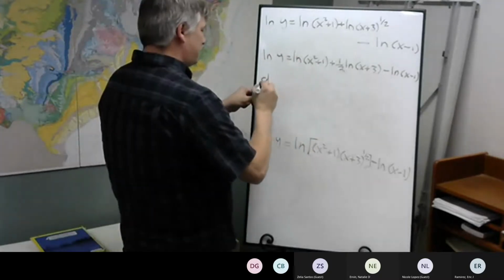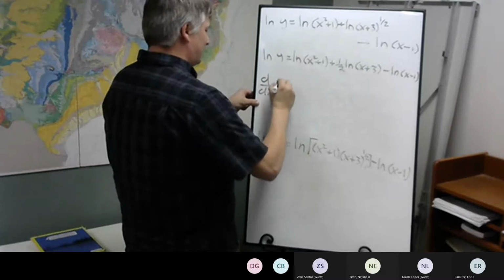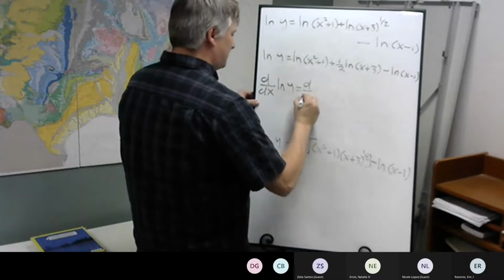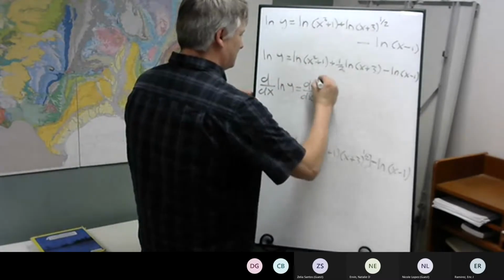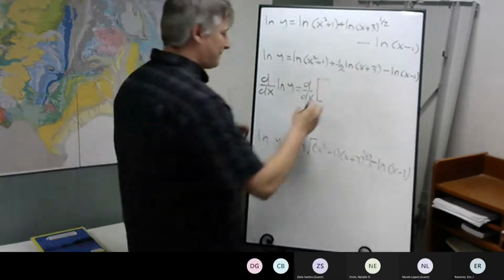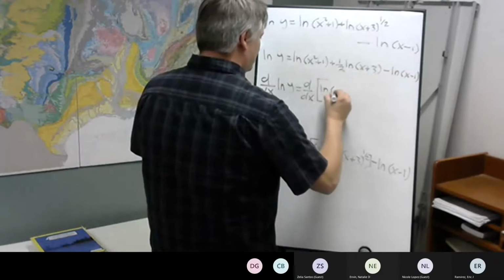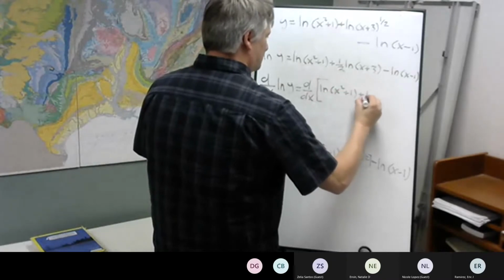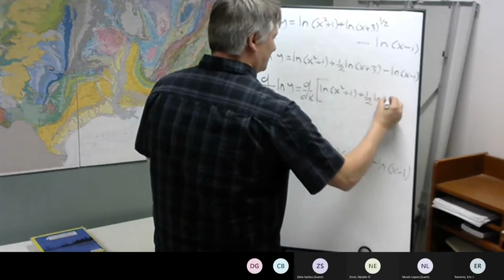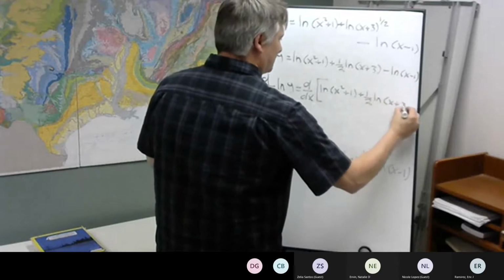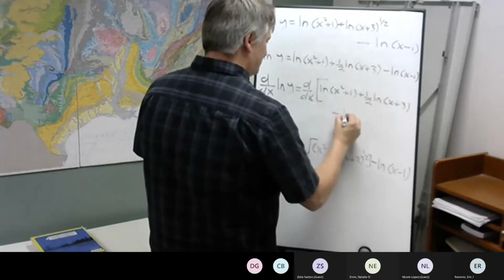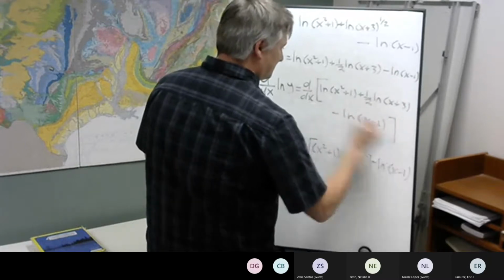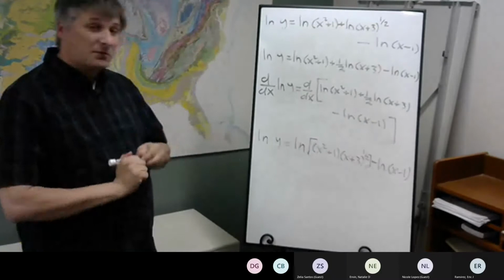So we'll take the derivative with respect to x of the natural log of y, and the derivative with respect to x of this whole thing: natural log of x squared plus 1, plus 1/2 natural log of x plus 3, minus natural log of x minus 1. Take the derivative of both sides.